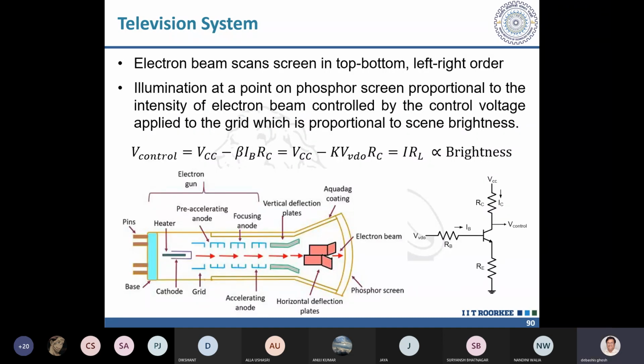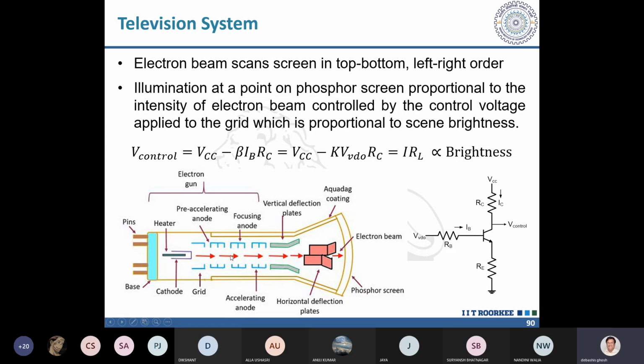And then the TV set at your home will be receiving that signal, and now it has to reproduce that scene on the picture tube. This is the picture tube. Here again you have one cathode which is generating an electron beam, and that electron beam will be striking the screen here, the picture tube screen, which is coated with phosphor material.